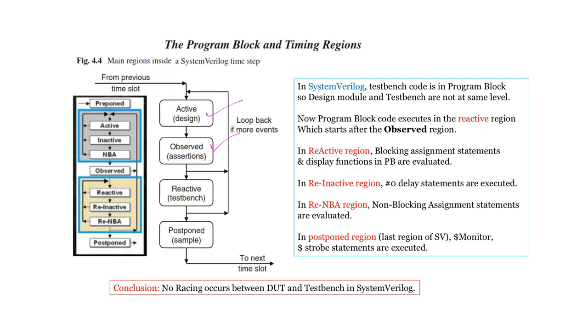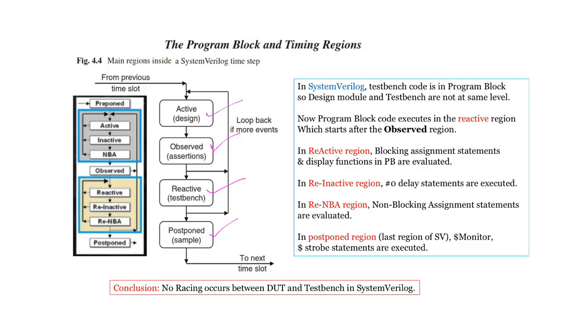Then the statements in the program block, which again has the same type of statements: blocking assignments, non-blocking assignments, display statements, assertions, are executed in the reactive and postponed regions.